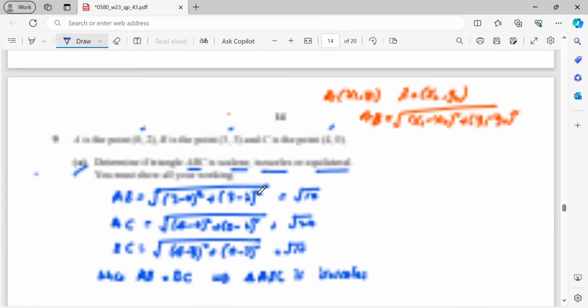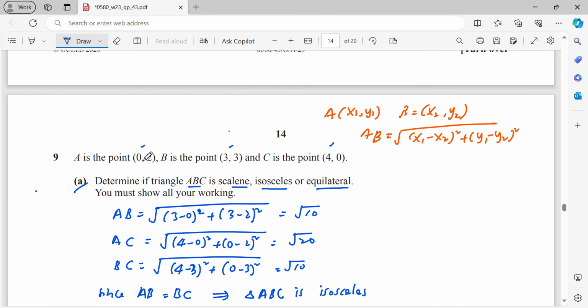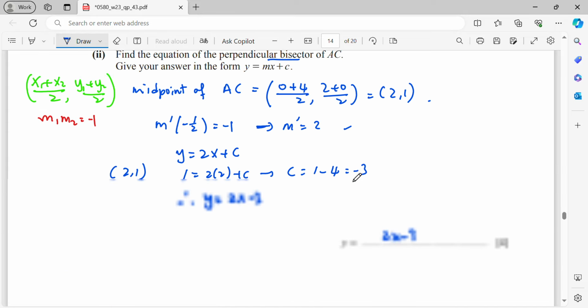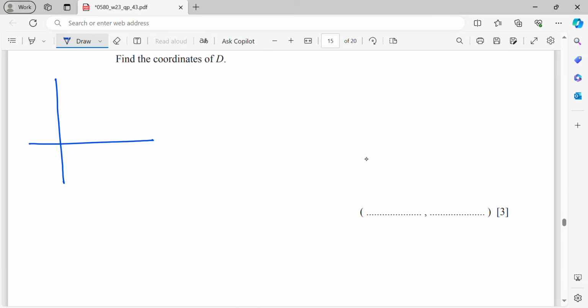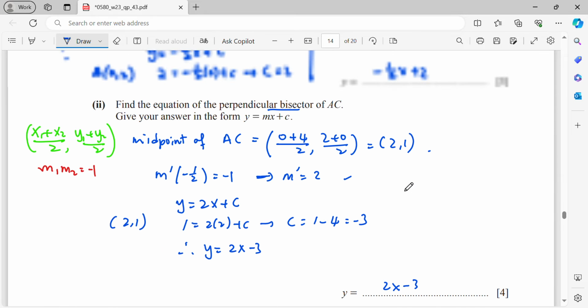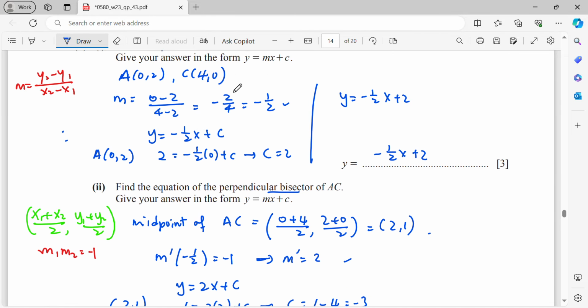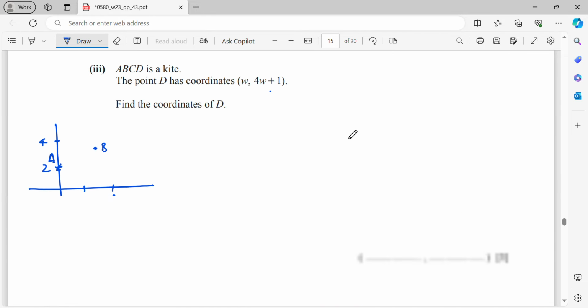A is 0, 2, so let's say here is 2, then I get A. B is 3, 3, so here 2, here 4, and 3, 3 is somewhere here. This is B. Then my C has coordinates 4, 0.